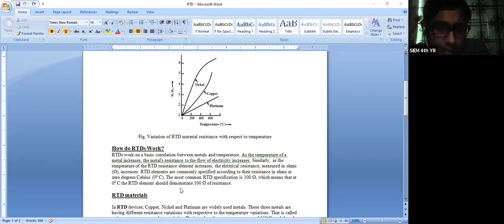So if its temperature changes, the corresponding resistance also changes, and that change in resistance can be easily measured with the help of any kind of resistance measuring device, any kind of bridge.